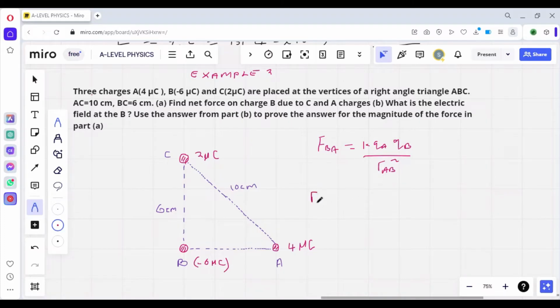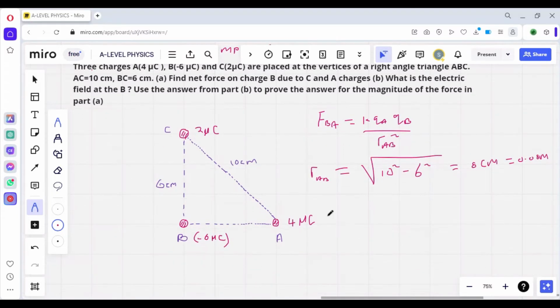Okay, so we can get AB using Pythagoras theorem. In this case, the hypotenuse is 10, so that is 10 squared minus 6 squared. So AB, since this is a right-angled triangle, will give us 8 centimeters, which is 0.08 meters.